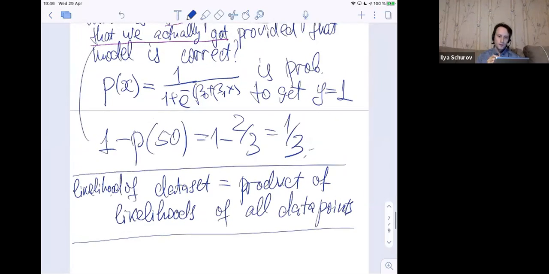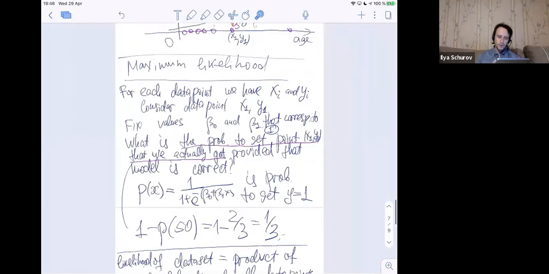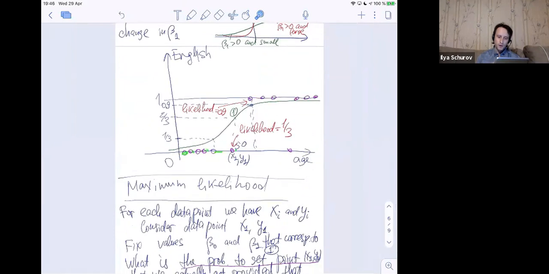Then I can say that if I have some data, and if I fix this curve, I can find the likelihood of this data. So if I fix this beta 1 and beta 2, I can find the likelihood. Then my idea is very simple. I just will try to find the values of beta 1 and beta 2 that will increase the likelihood as much as possible.